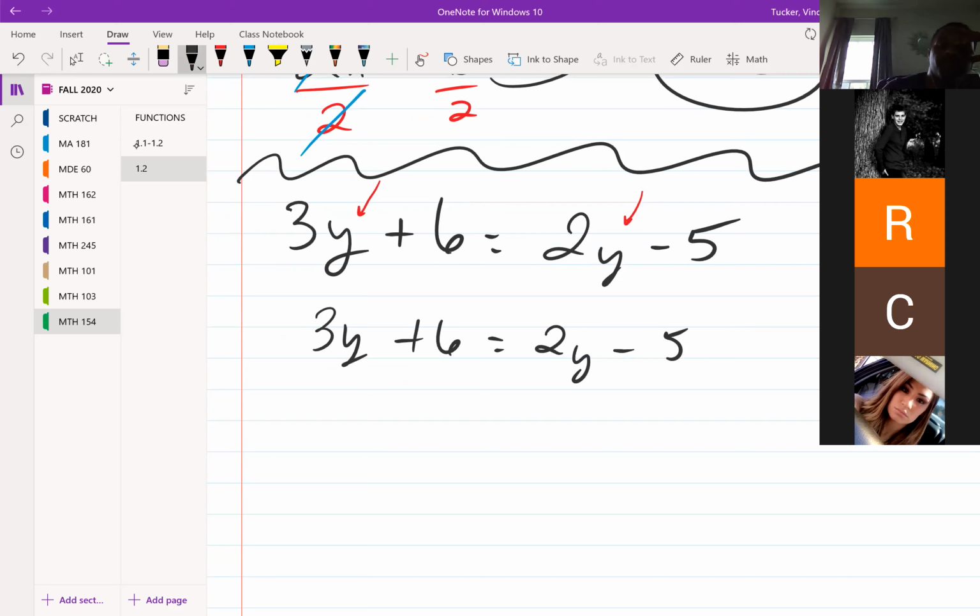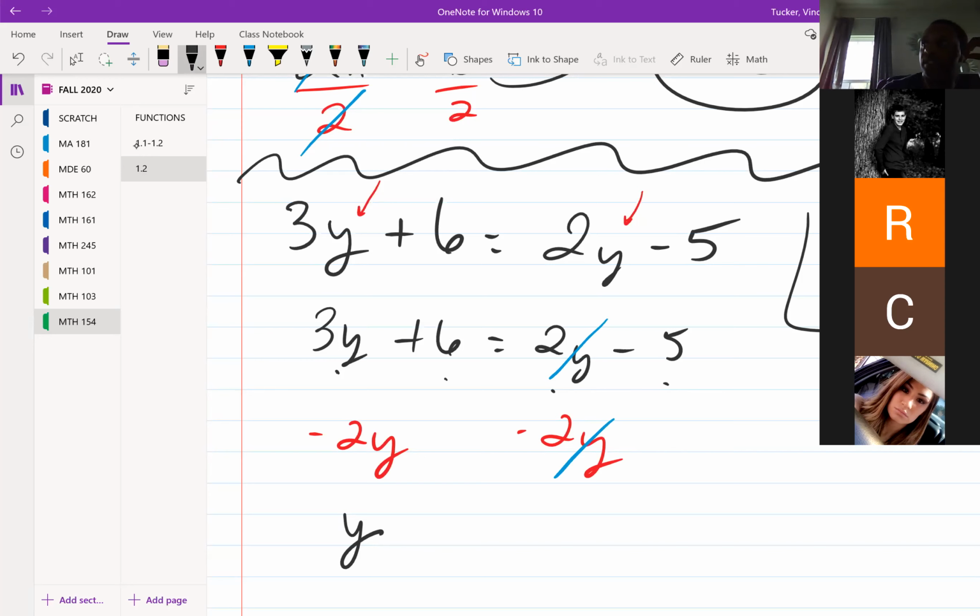What I mean by that is you have 3y, 6, 2y, and negative 5. So you have 4 different terms that you can move. It just doesn't matter which one you move first, as long as you do it correctly. So if I want to move my 2y to the other side of my equation, I need to subtract the whole 2y from both sides. 3y minus 2y is 1y. Also, don't forget 1y is equal to y.